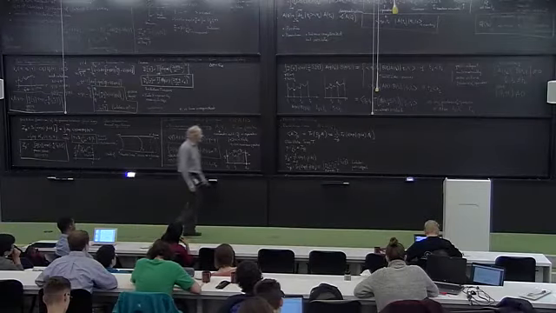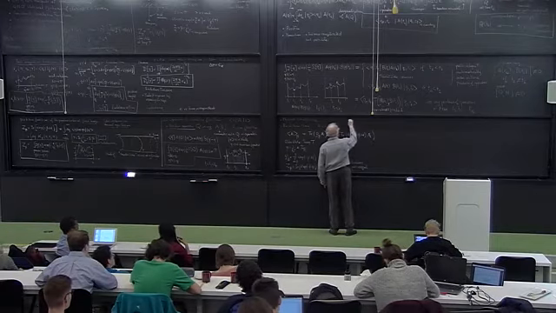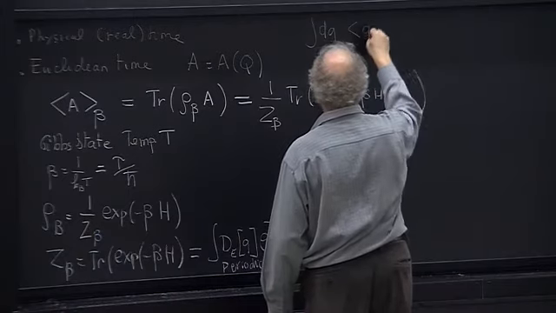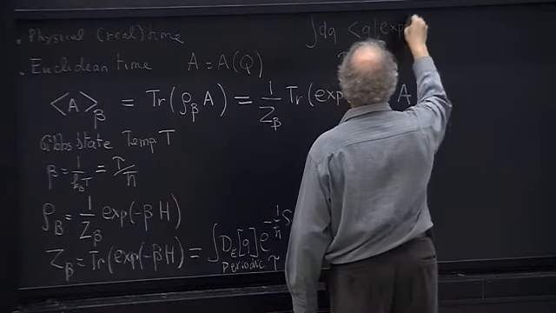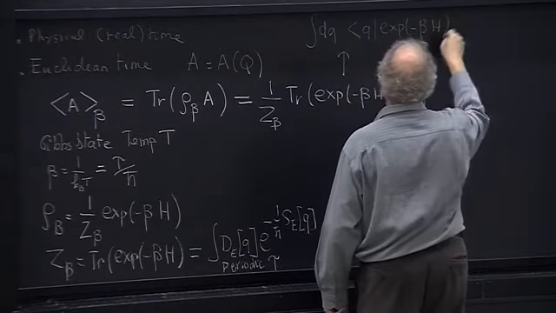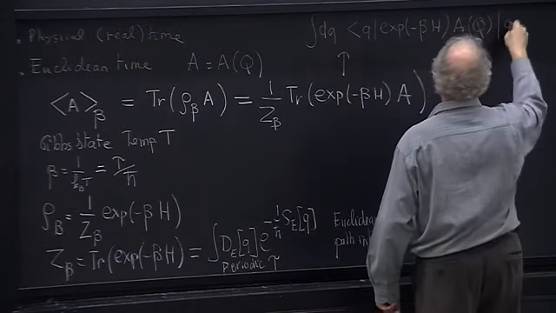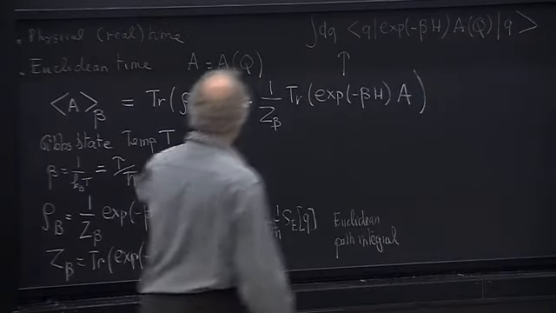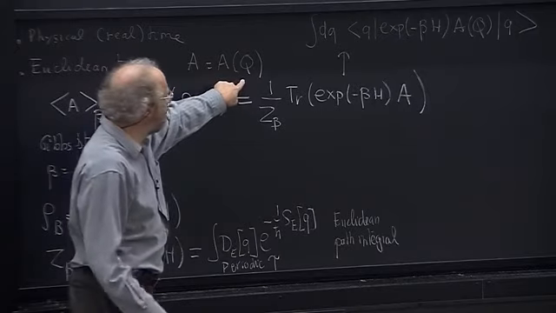This trace can be written as an integral over dq of the matrix element of q, exponential minus beta H times A of q, times q. Remember, A is diagonal in the q basis, so it's a function of q.